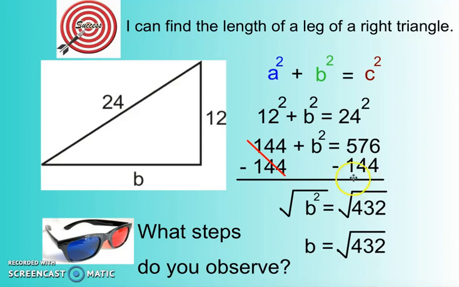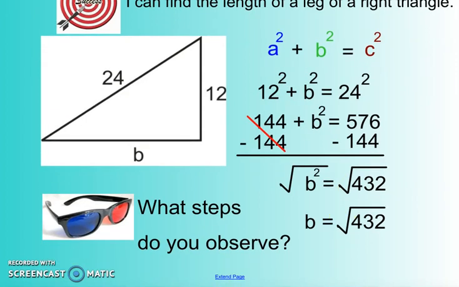And so in order to get rid of the square, remember in the last video we talked about the opposite of squaring something is taking the square root of it. So if we take the square root of b squared, it becomes b now. And if we take the square root of 432, what would we get as an answer?